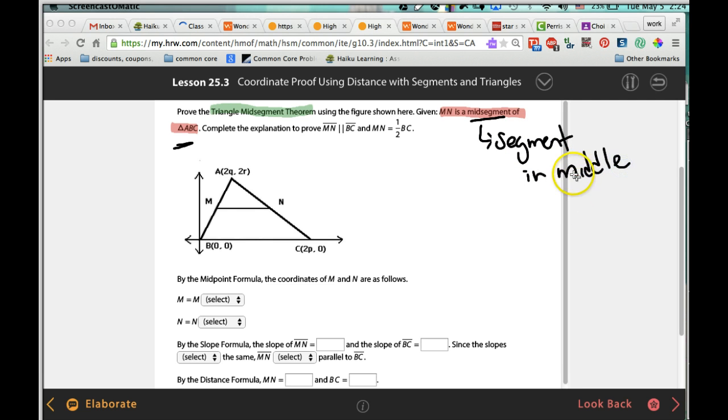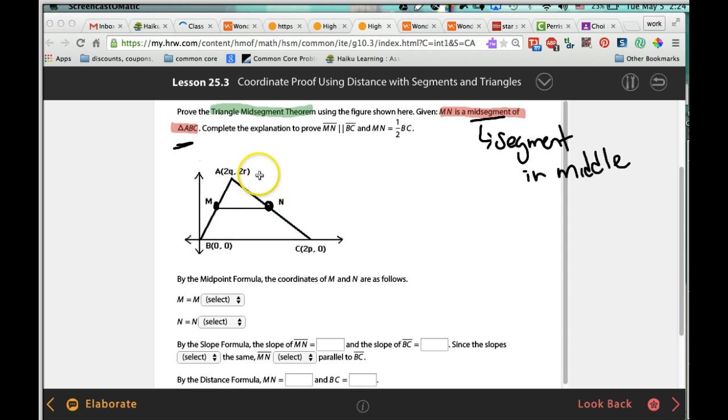So that's very important information because now you know that this line over here is right smack in the middle of this whole triangle. And that gives me a lot of information, okay? So let's first think about that before I even continue to read the other part of the question, okay? Because this is a midsegment.